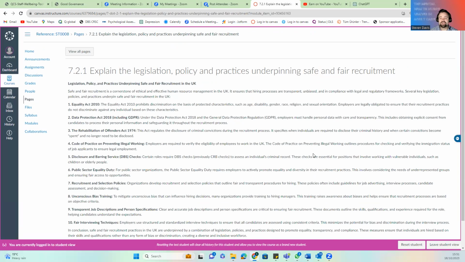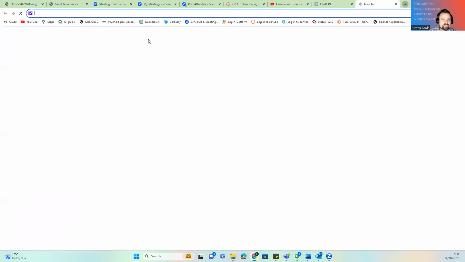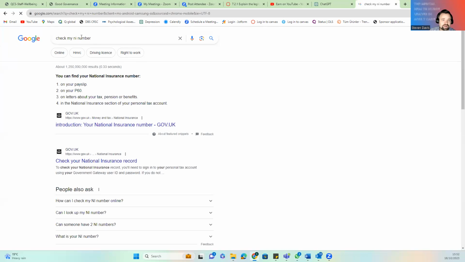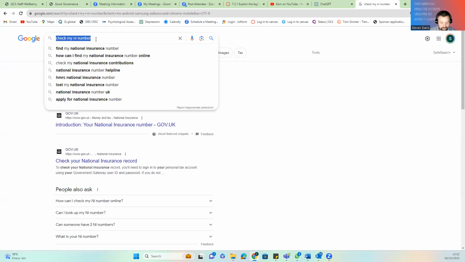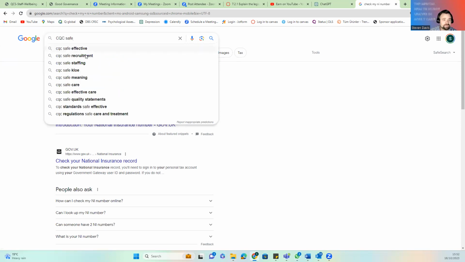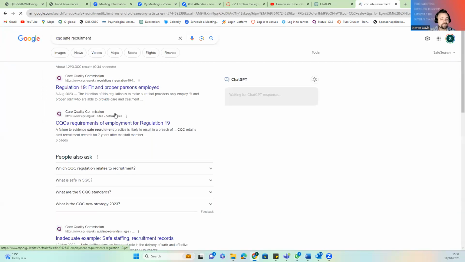So looking at national policies and procedures around safe recruitment, you generally have for CQC, there is a safe recruitment policy. So just to show you this, if you go CQC safe recruitment. There we go.